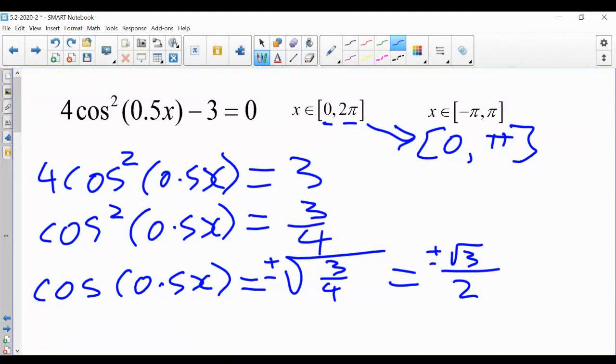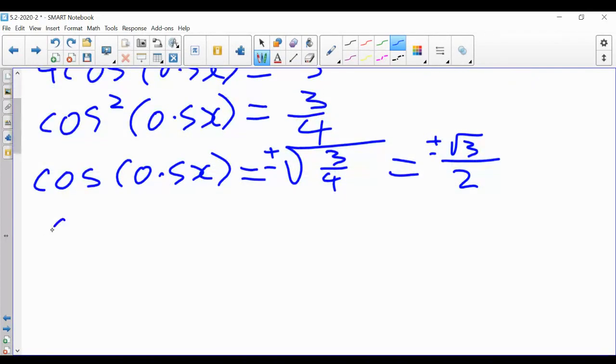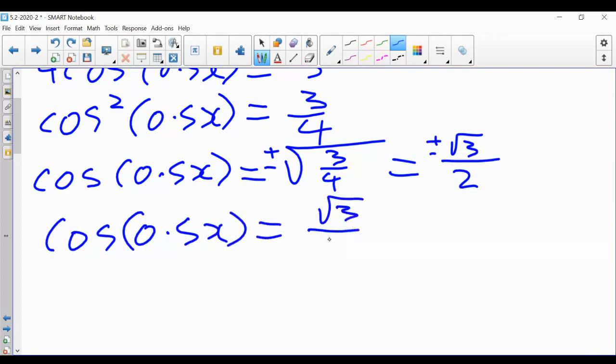So we're now looking for where the cosine of 0.5x is equal to root 3 over 2, plus and minus. Stop me if I'm going too fast. I want you to stop me if I'm going too fast. Okay, this is a special angle.